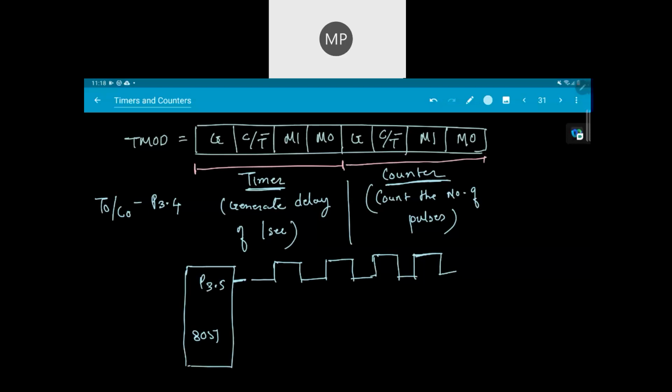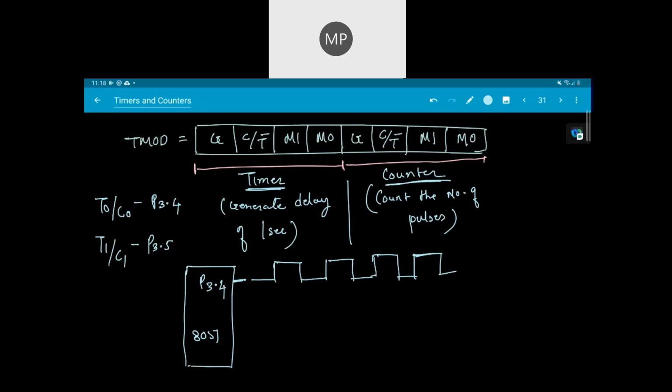But in this problem, since we have connected the signal to pin 3.4, we should use timer/counter 0 as a counter, right? That means this pin 3.4 is dedicated for timer or counter 0, and pin 3.5 is dedicated for timer or counter 1, right?